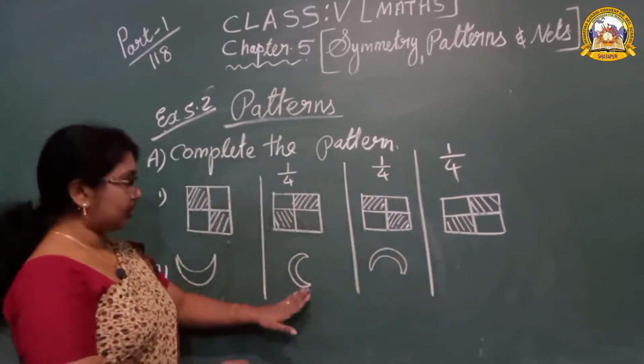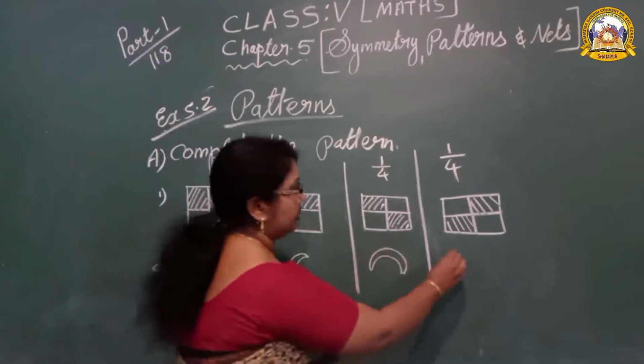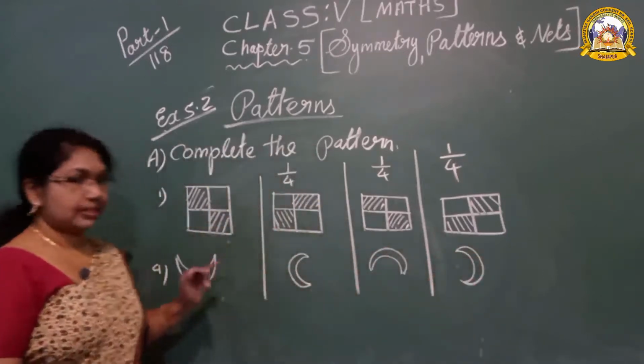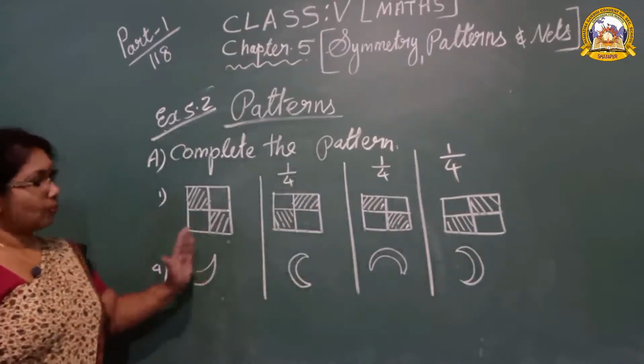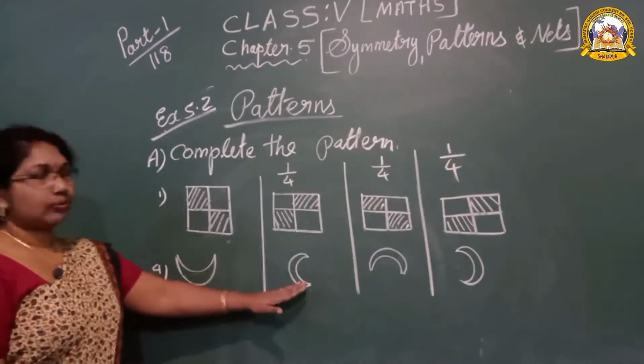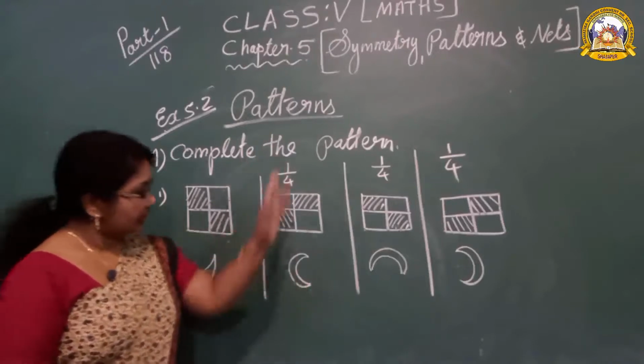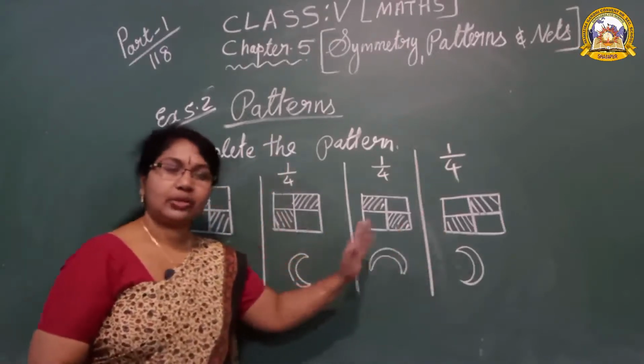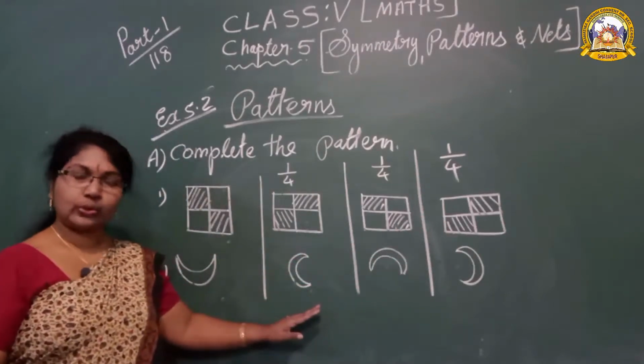Again 1/4 turn, so it will come like that. Understood now? This is the given shape, 1/4 turn. 1/4 means quarter. Again this figure will turn 1/4. Again 1/4. Now the remaining two, the teacher showed, you have to do.